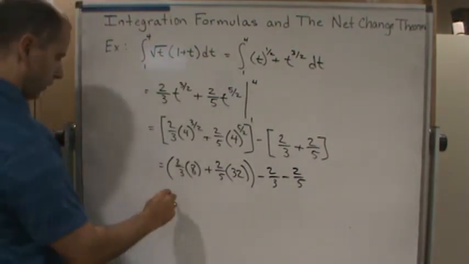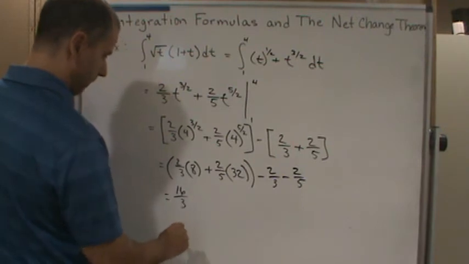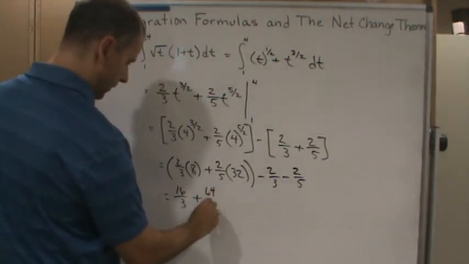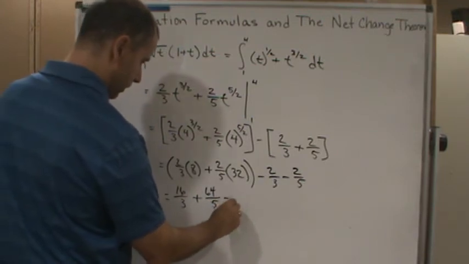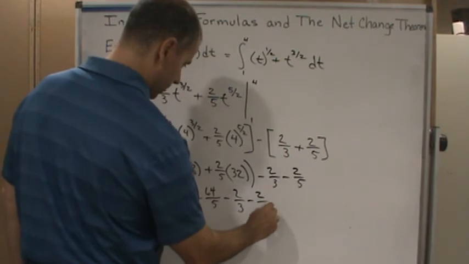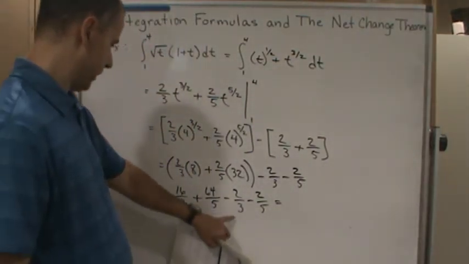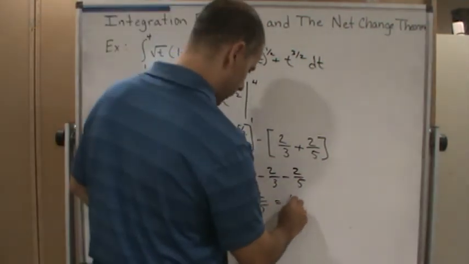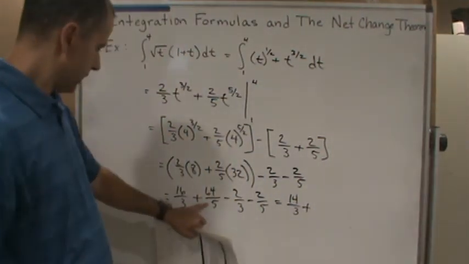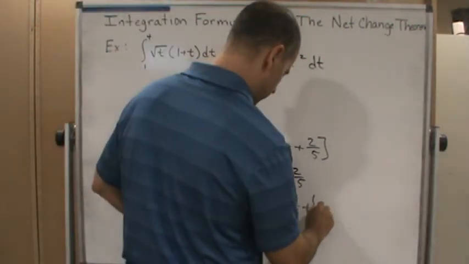Okay, so now this is going to become 16/3 plus 64/5 minus 2/3 minus 2/5. Now, 16/3 minus 2/3 is going to be 14/3 plus 64/5 minus 2/5 is 62/5.